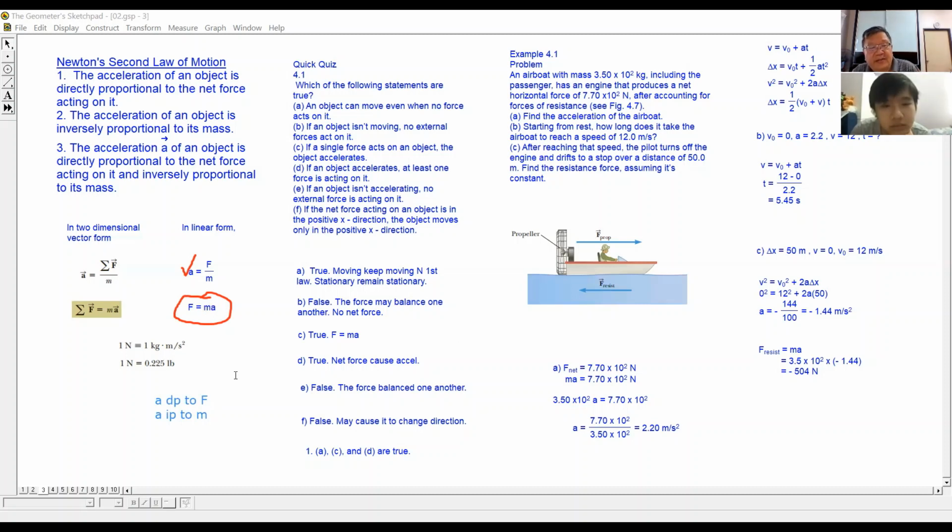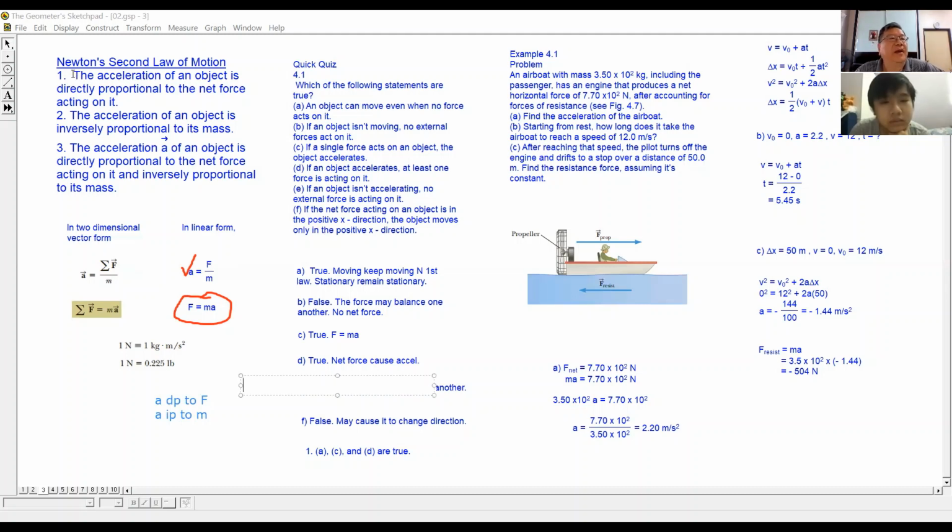If the mass is very big, then it will not accelerate so fast. If the mass is small, then it will accelerate faster. So this is the mathematical relationship. From the formula, we can actually guess the relationship between these three variables here.